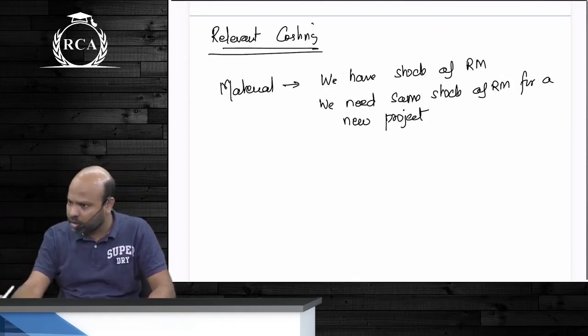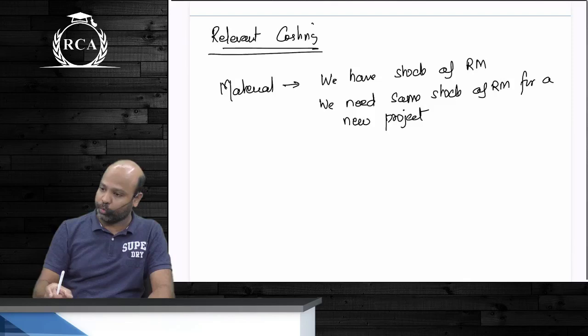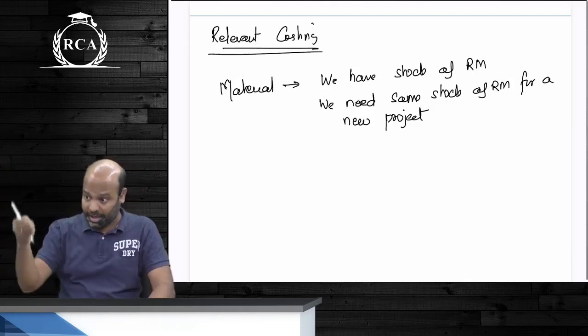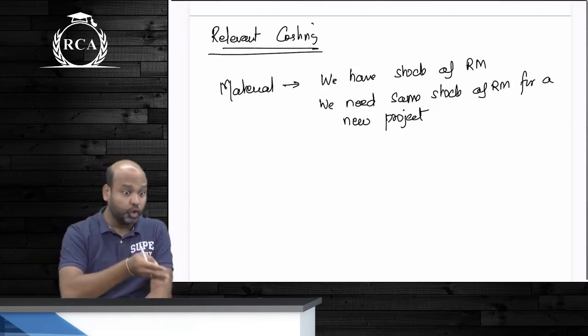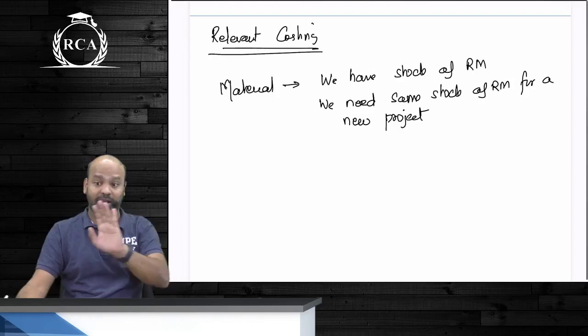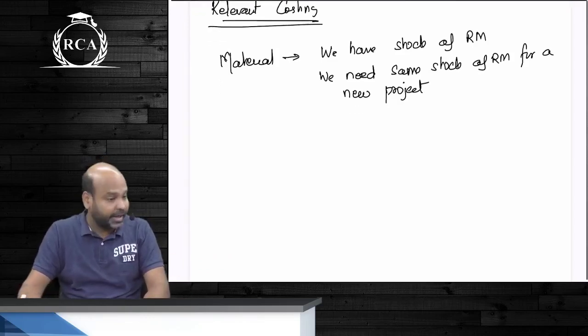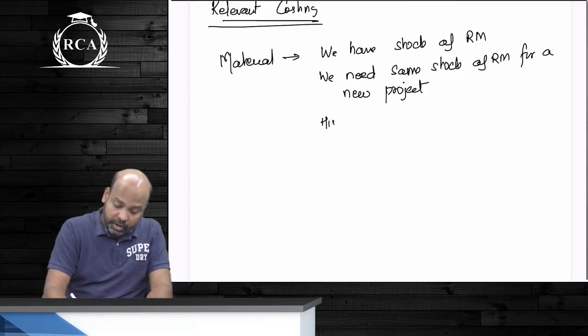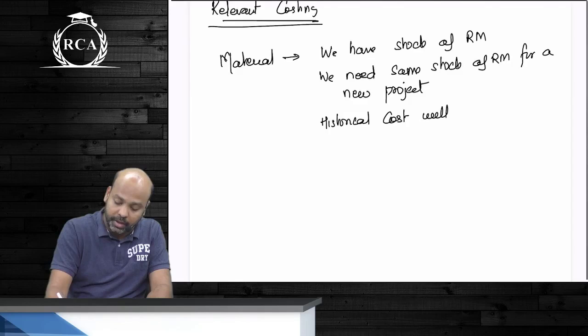That is the end goal. To determine the cost of the new project, I am using some materials. I am not buying them. I already have them. If you are using materials that you already have, guys, the historical cost of that is irrelevant for decision making. Yes or no, guys? So historical cost is always ruled out. Historical cost will not be relevant.